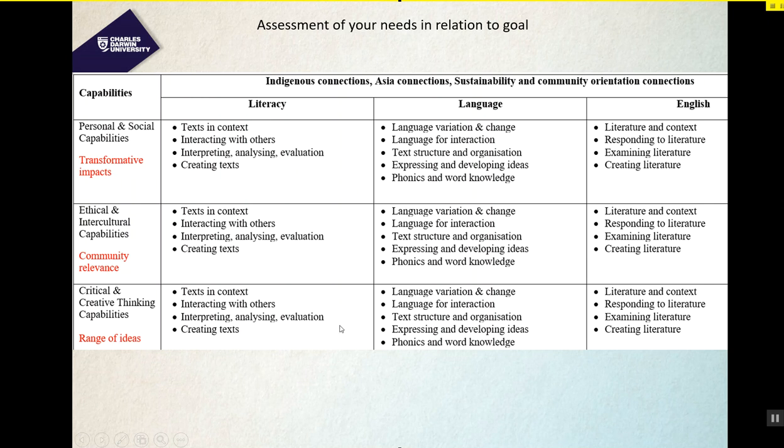You can draw it yourself. It's quite easy. I didn't produce it in a drawing, but you can draw it yourself. So you've got these three capabilities here. You've got three strands relevant to English. And then you have all these things. In literacy, you have particular content. In language, you have particular content. And in English, you have particular content.